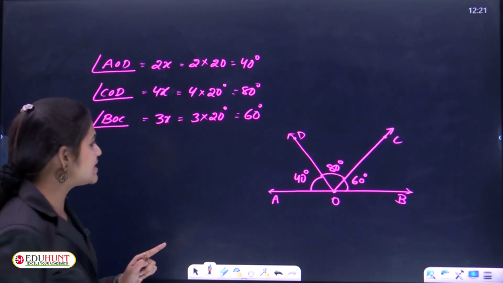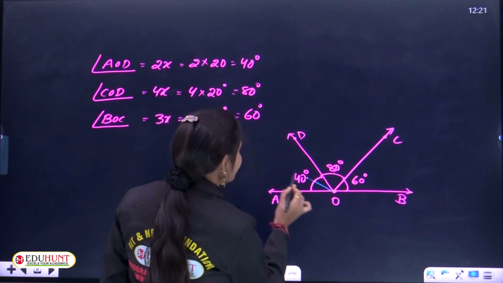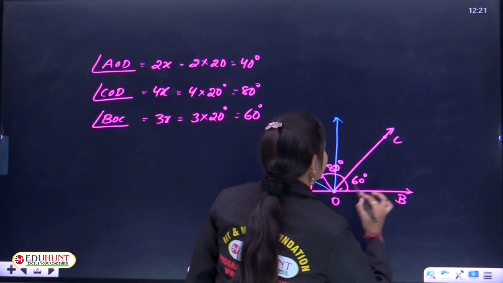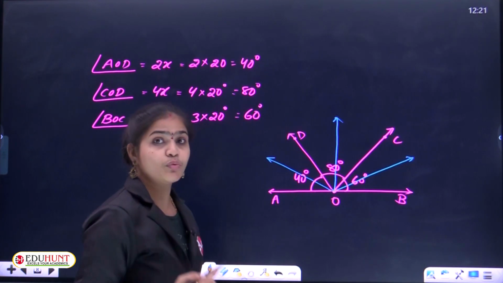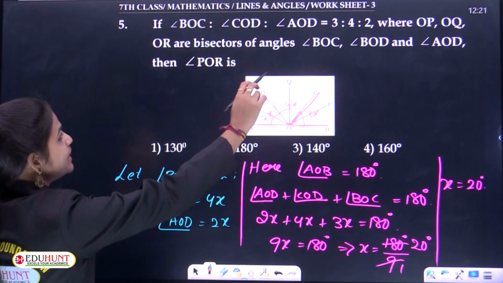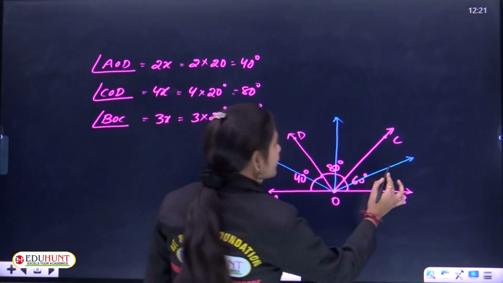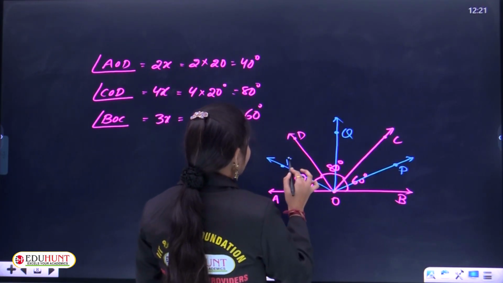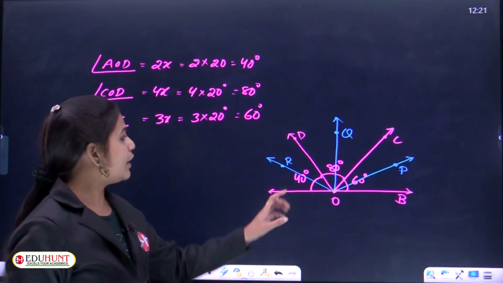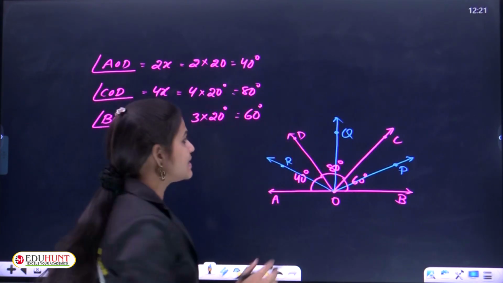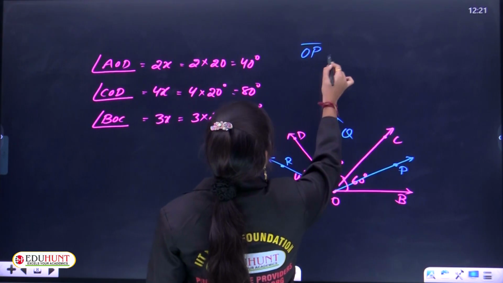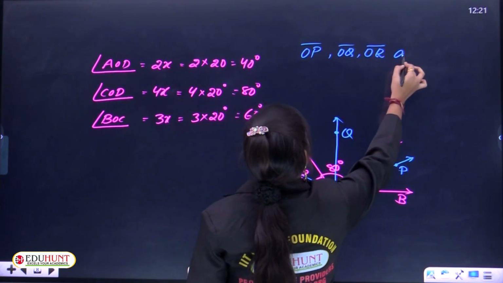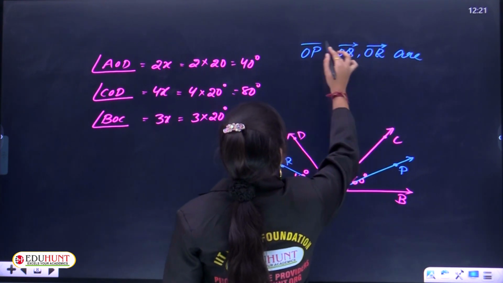Where are those angular bisectors? Here we have an angular bisector, and here, and here. What are their names? The names are OP, OQ, OR. These are the angular bisectors OP, OQ, OR.